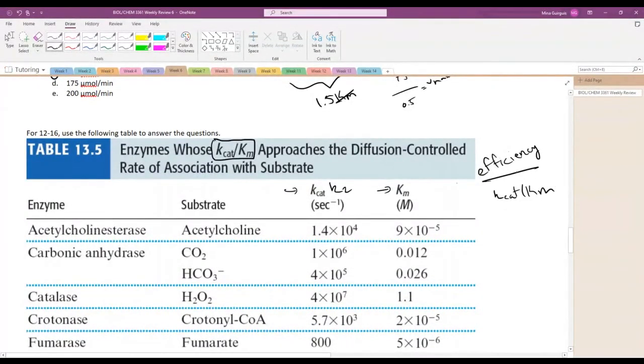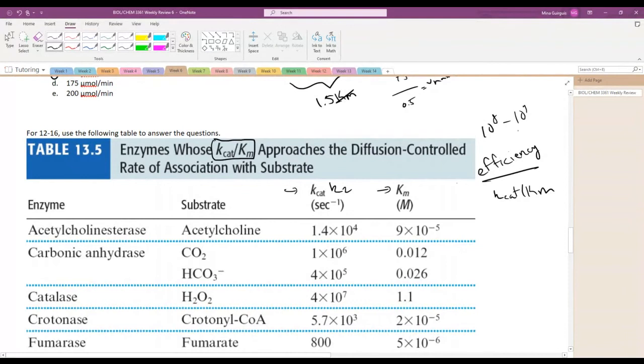The reason this is such an important number is because there's this concept of a perfect enzyme. An enzyme is considered perfect for a substrate if its catalytic efficiency is between 10 to the 8th and 10 to the 9th.